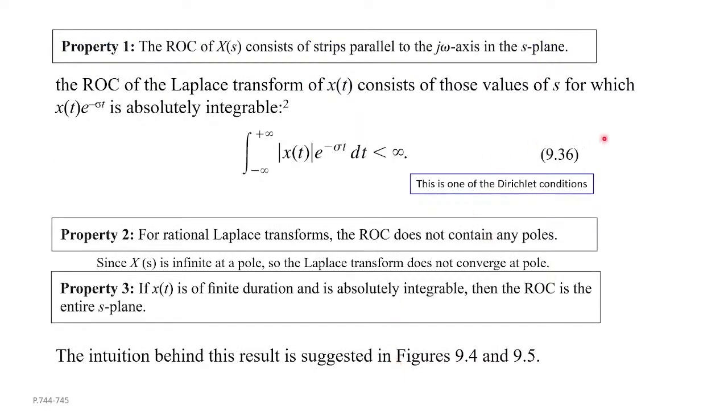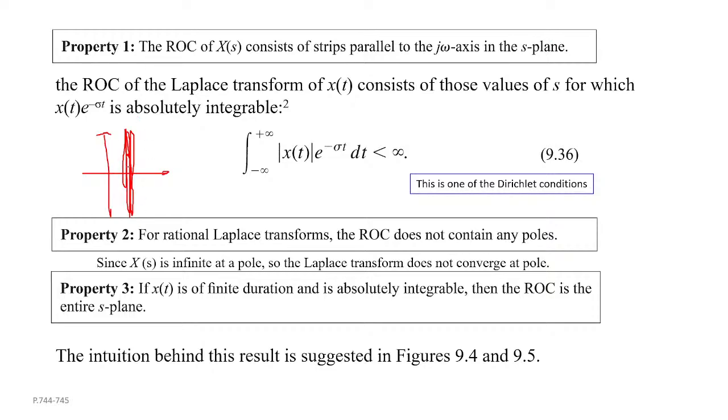Anyway, by strip we basically mean that, okay, let's draw it. By strip we mean that if some point is in the region of convergence, then the whole line with the same real part is too. So if you change the omega to everything, it will all be convergent.